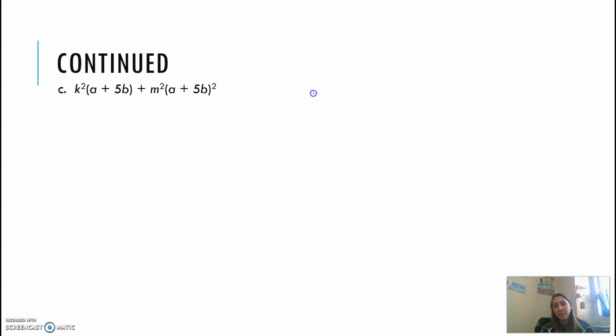So if I factor out an a plus 5b, I'm going to need to multiply by k squared so that I get that, plus m squared, but then I also need another a plus 5b, and this is different because it's being squared, so I'm going to put the whole thing.